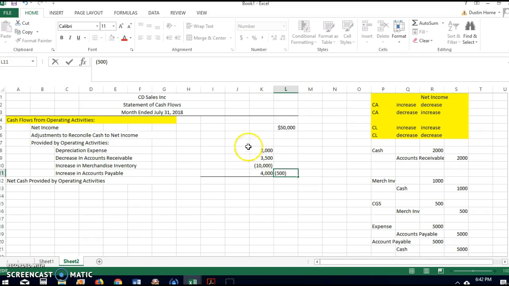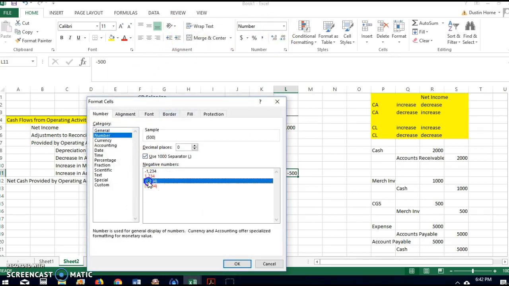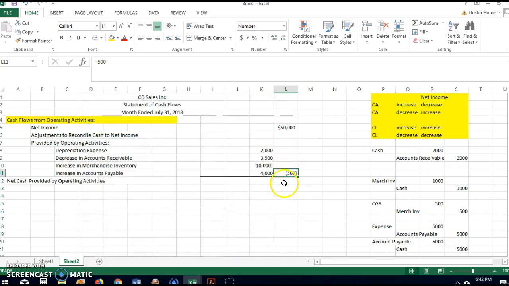I just netted those out. You could have just used Excel to do the calculation for you. I will fix this so it looks like what it's supposed to.